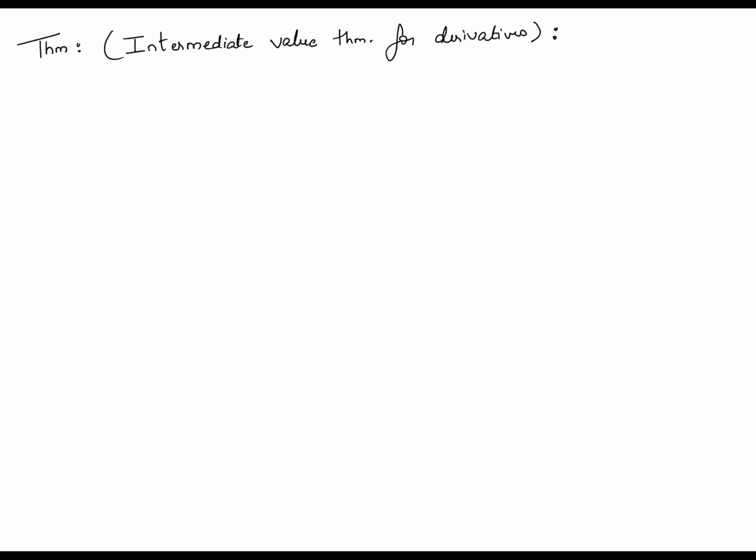Okay, the statement is as follows. Say the function f is differentiable over an open interval of the form (a, b).